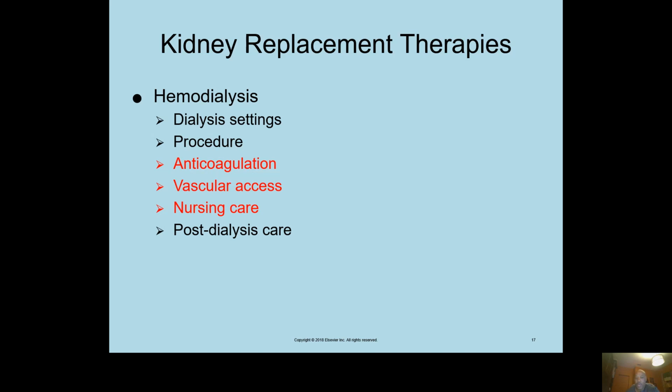Other complications to watch for are hypotension, dialysis disequilibrium syndrome, cardiac events, and reactions to the dialyzer as well. Now, as far as dialysis disequilibrium syndrome, some of the signs and symptoms are nausea, vomiting, headache, fatigue, restlessness.